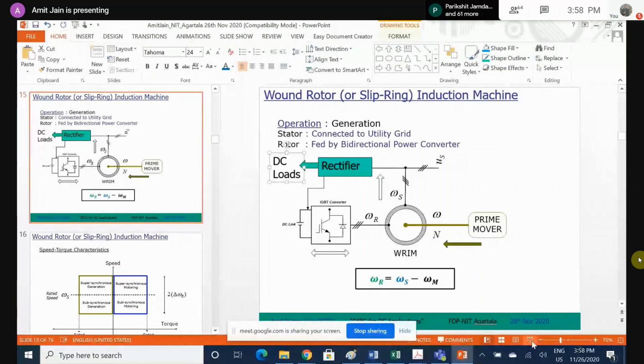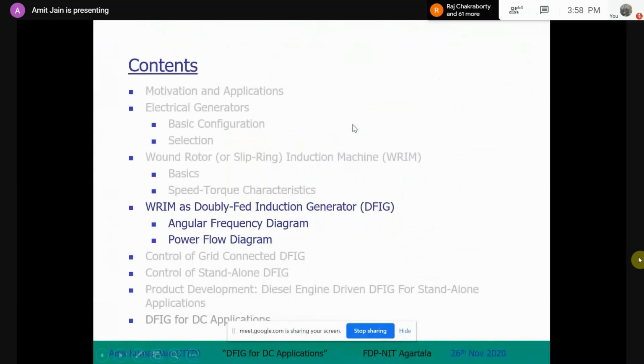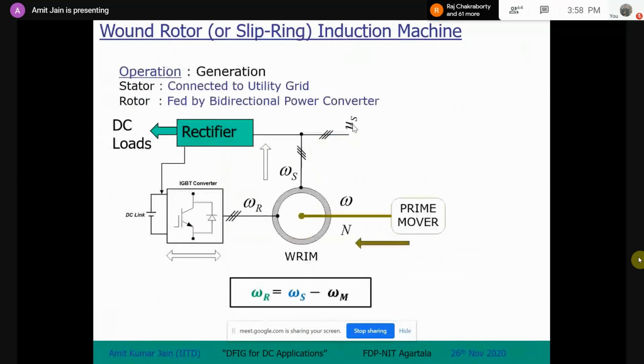Now in this system, you don't have any grid here. So you have to maintain rated voltage here. In this kind of DC system, the grid is not available, right? You have to maintain the stator voltage at the rated value, and the stator frequency also at 50 hertz.